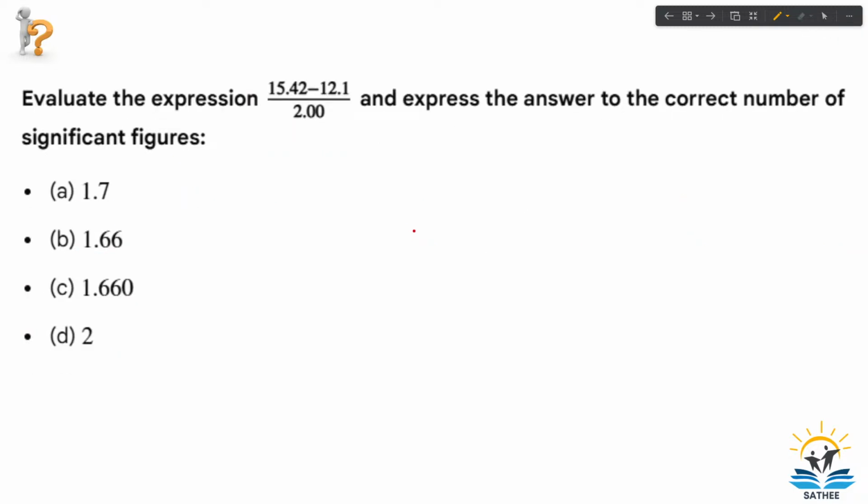Next question. Evaluate the expression 15.42 minus 12.1 upon 2.00 and express the answer to the correct number of significant figures. Now this is a mixed type question. In the numerator there is subtraction, so a different rule will be applicable. After subtraction you have to do the division, and then there will be a different rule for significant figures. Now tell me which option is correct.